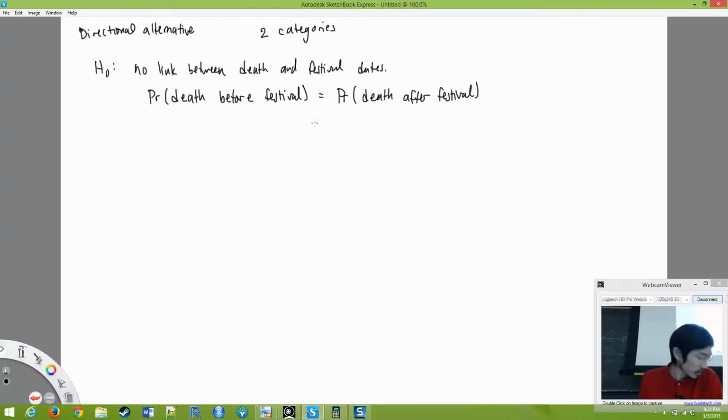So is that okay? All right, and so by having this, essentially we can also just write probability of death after the festival is equal to 0.5. These are all saying the same thing here.